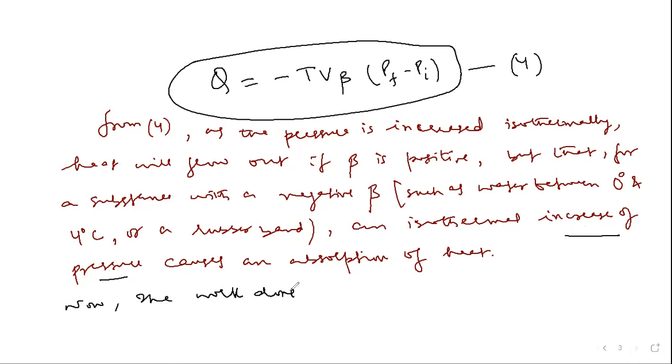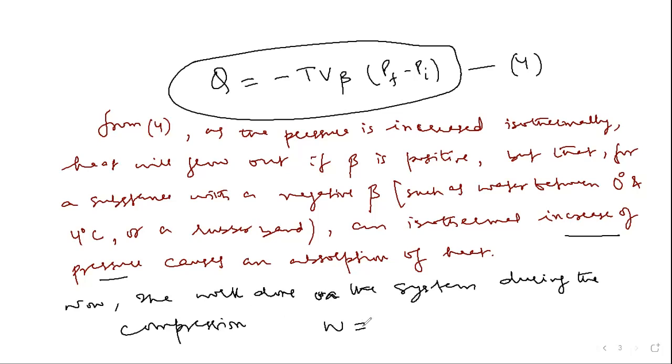Therefore, the work done on the system during the compression is given by W is equal to minus integral P dV.